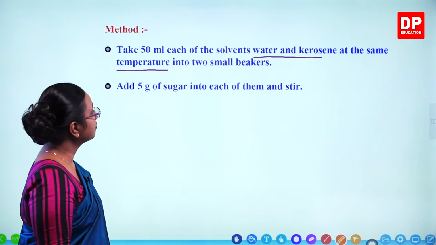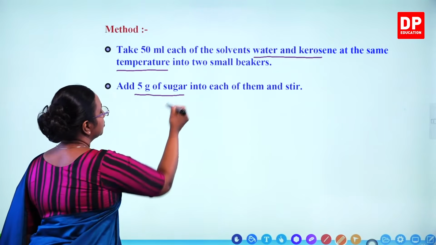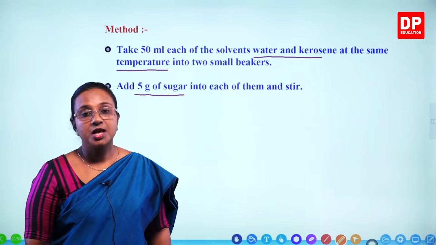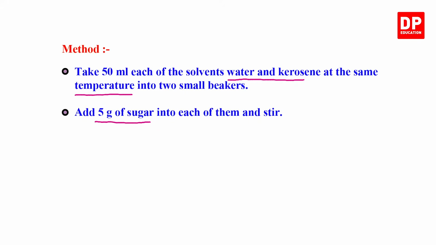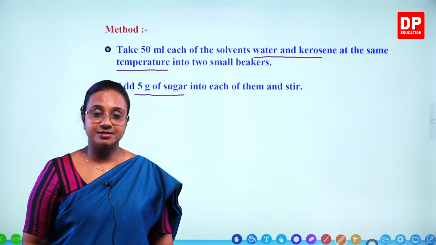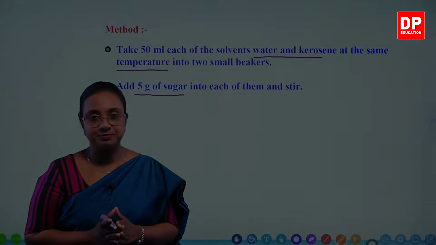Add 5 grams of sugar into each of them and stir. So this is also a very simple activity. You can do this and see how sugar dissolves in both water and kerosene. So we'll do this activity in the lab.